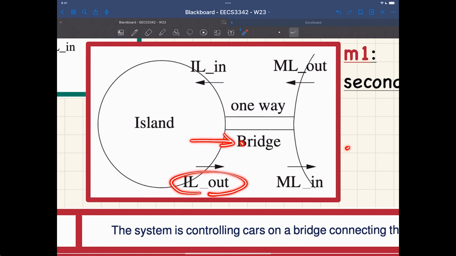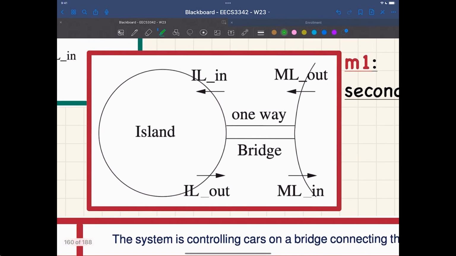So ML stands for mainland. IL over here stands for island. Okay? Let's try to see how we can perceive the initial model from this picture. We really want to see the overlaid effect. So let me use green to represent the initial model.